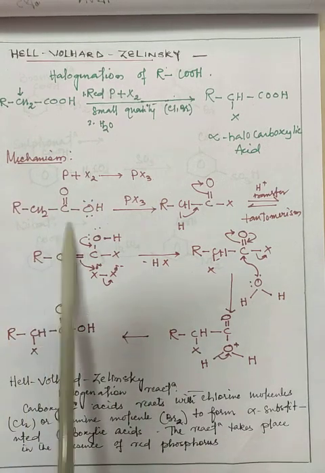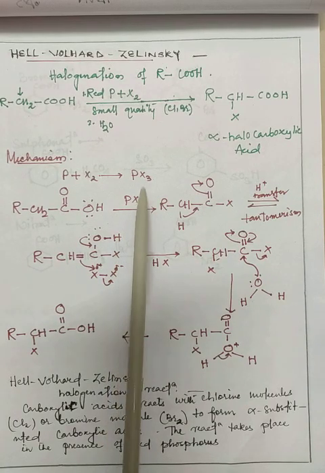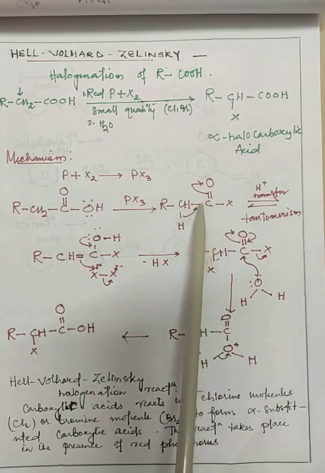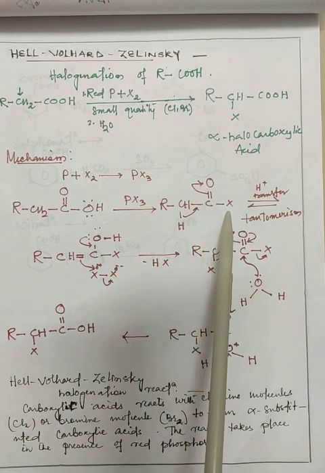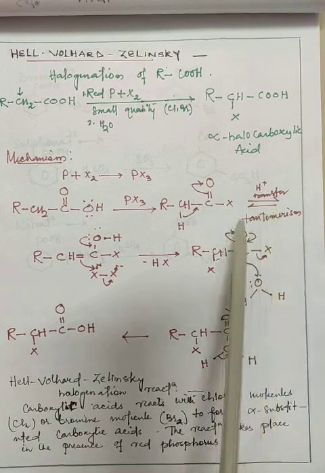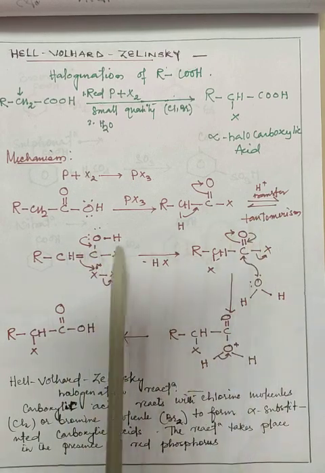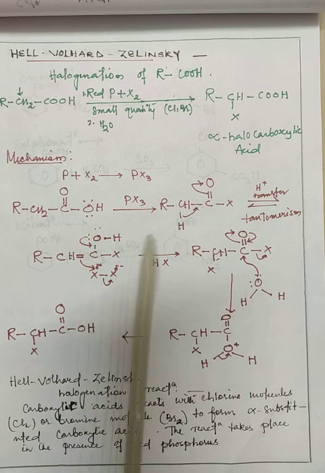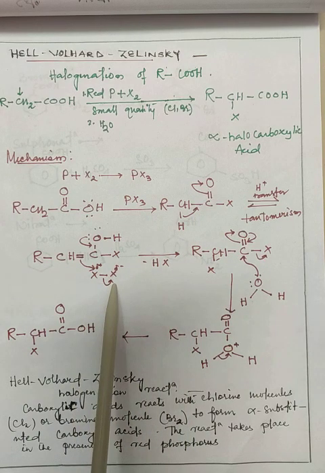Now here this is the carboxylic acid, and we use this product, reacting to this. The C double bond breaks, and X is there. Then hydrogen transfer, at that time we have tautomerism. One hydrogen will come here, then X is there, then the double bond will be there, because from here one hydrogen bond breaks and is given here, then X2 will be here.